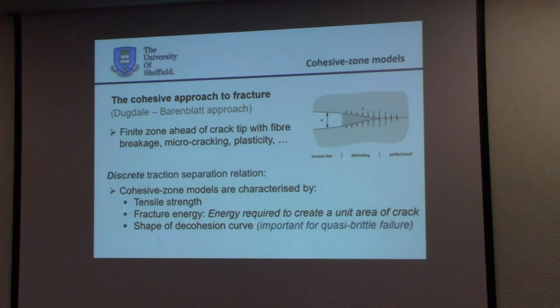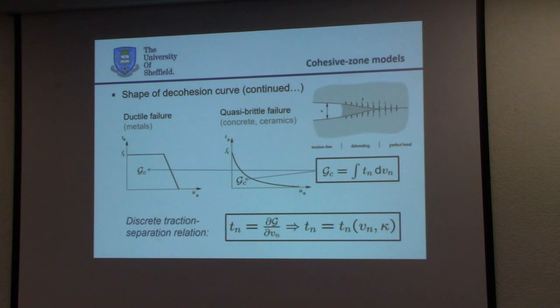And that's especially so when you go to brittle fracture, quasi-brittle fracture. So when you look into concrete, rocks, ceramics, these kinds of materials, which roughly have a decohesion curve something like this, then the shape is a very important parameter for the outcome of your fracture process.